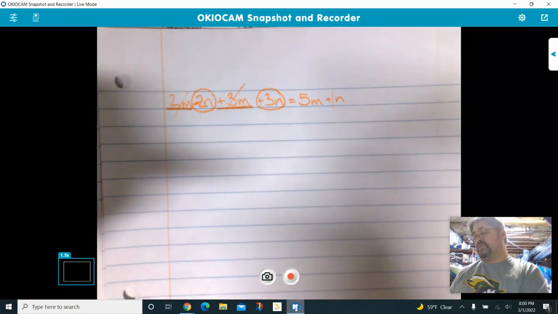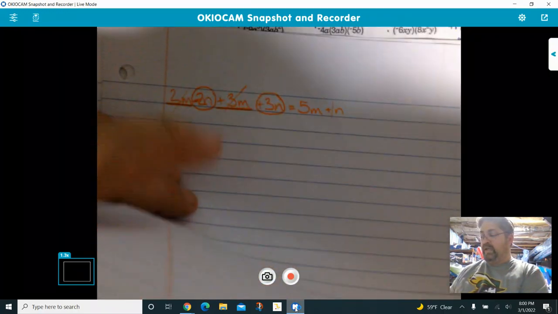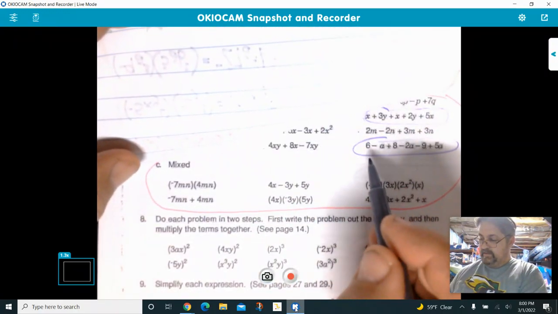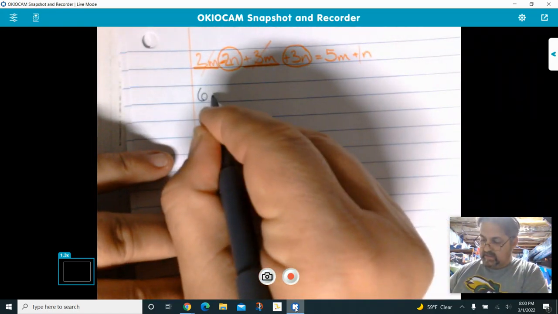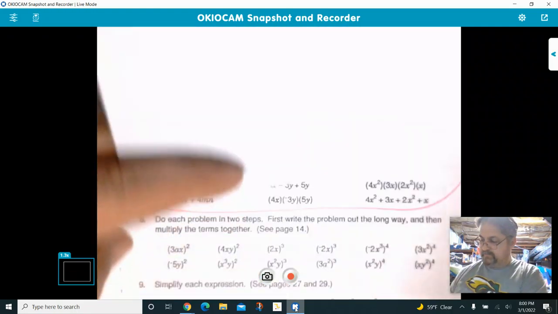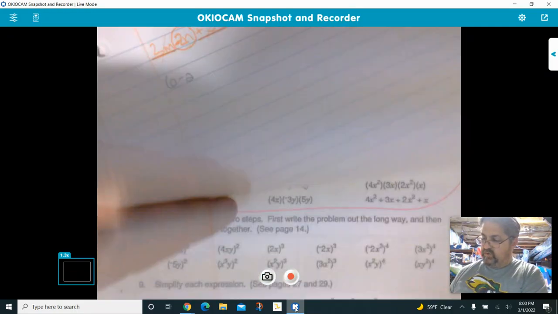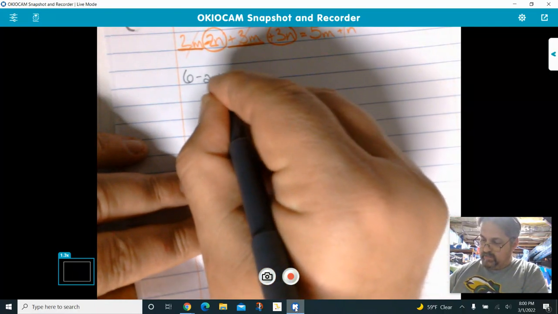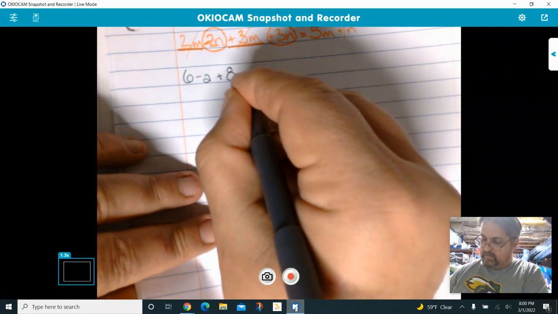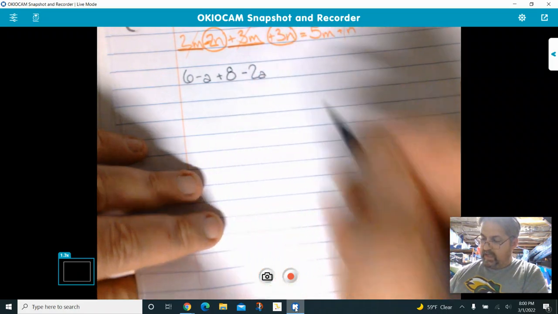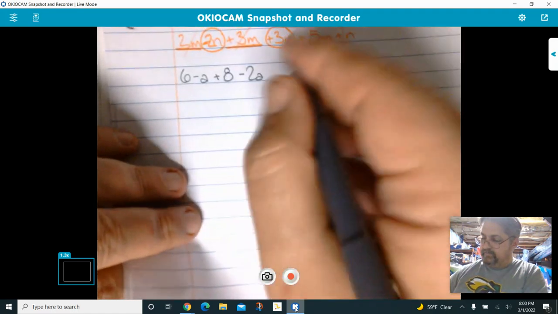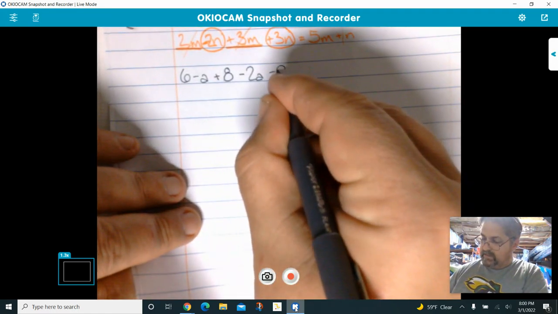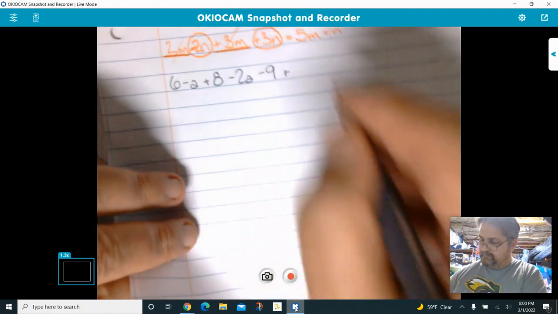We'll see if my gray marker works. We have 6 minus a, plus 8 minus 2a, minus 9 plus 5a.